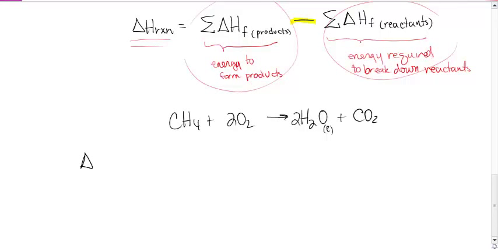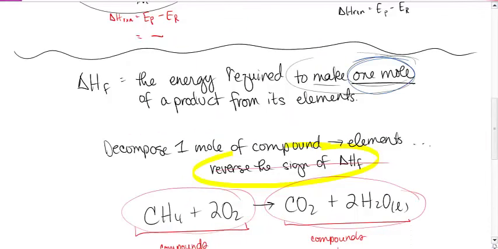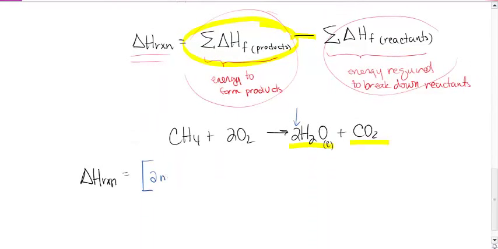So if I want to find the heat of reaction so I can use it in my example problem, it's the sum of the heats of formation of the products. I have two products, water and carbon dioxide. I have two waters that need to form, but according to my heat of formation, that's to make 1 mole of a product, so I need to multiply it by 2 moles.